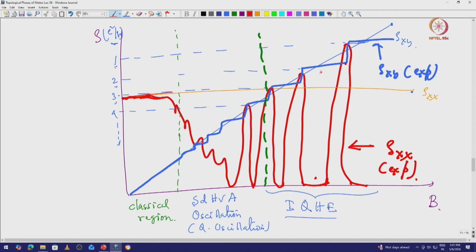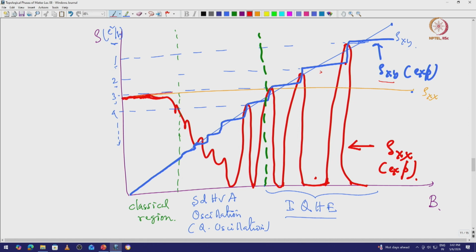But how come we still have a transverse resistivity or conductivity? Conductivity will also have the same feature, and that is something you can work out from the tensor form of this conductivity: when you have a finite transverse resistivity, you also have a finite transverse conductivity that is also quantized. So, how come the system is conducting electrons from one side to another side, despite the fact that it is an insulator?